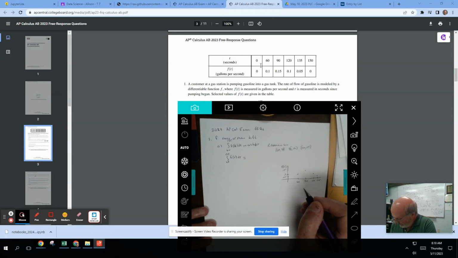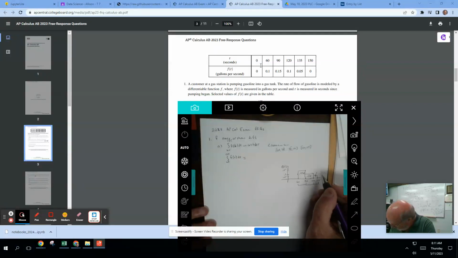And so, for a right-Riemann sum on these 3 subintervals, we're looking at this rectangle, and this rectangle as the estimate. So the height here is 0.15 times the width of 30, and the width is 30 again here, and the height is 0.1.